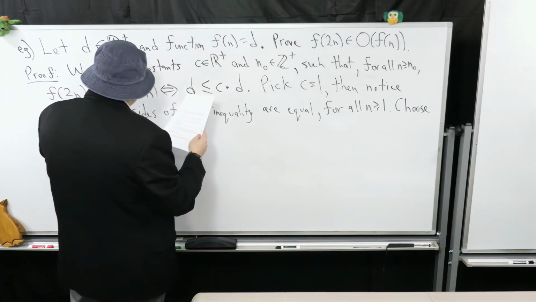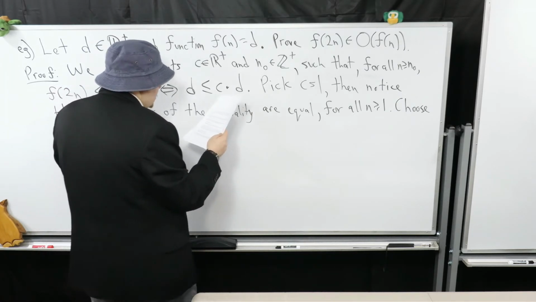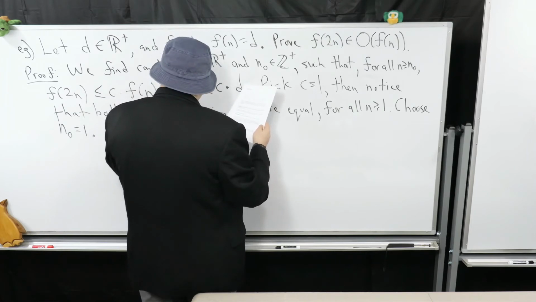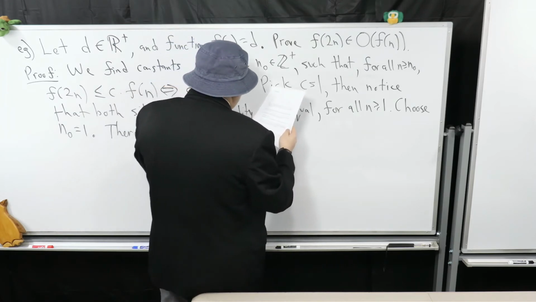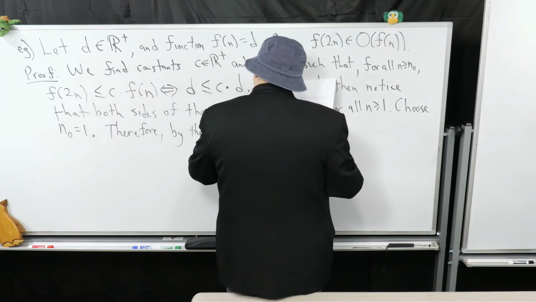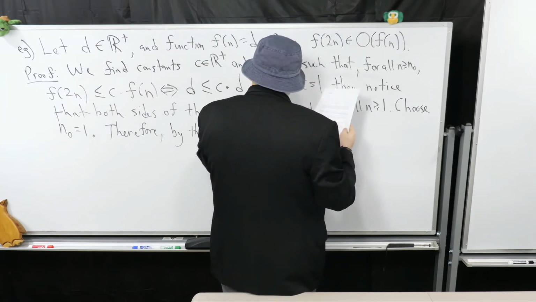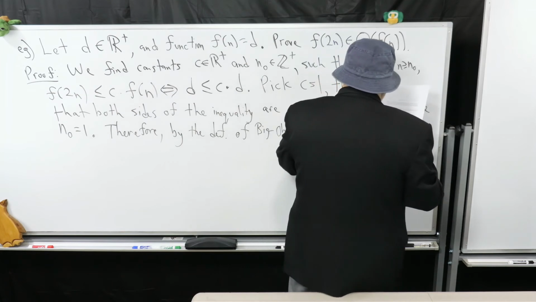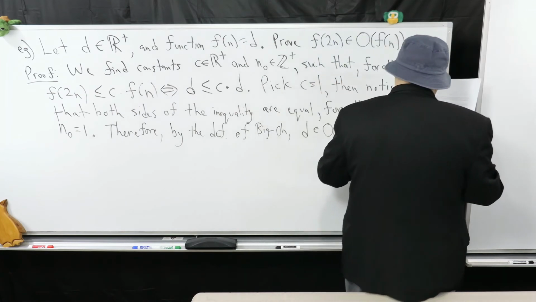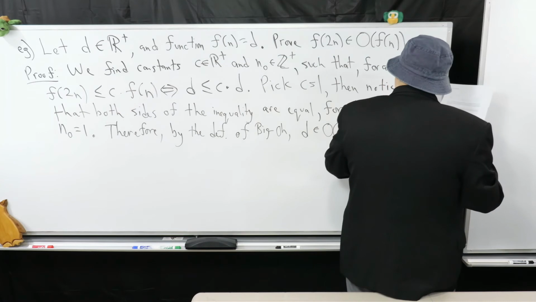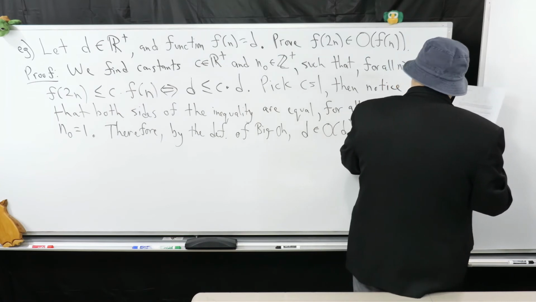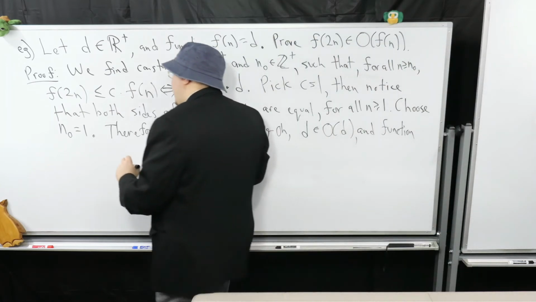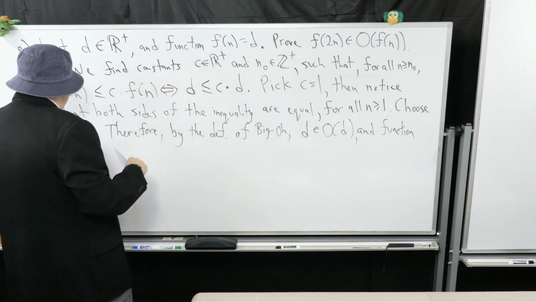Therefore, by the definition of big O, d is big O of d, and function f is smooth.